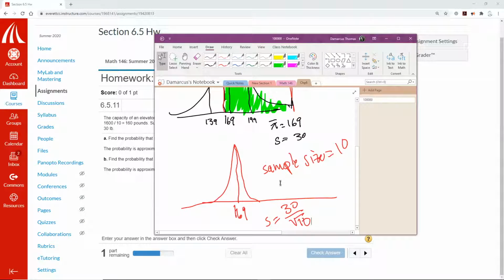So, if I needed to find the proportion of people from 160, I'll highlight this region.